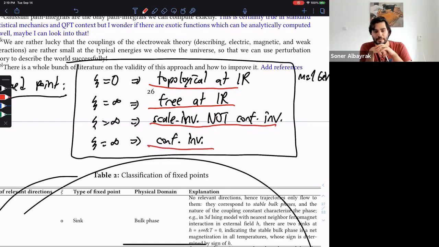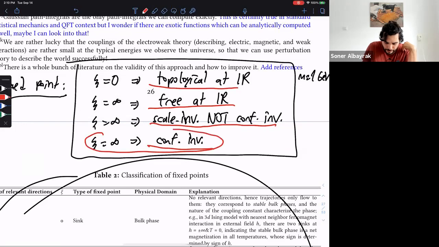Now, many, if not most, interesting cases are this one. So we really get conformal invariance. To my knowledge, there is no rigorous proof that they need to be conformally invariant, and we have examples where it is scale invariant but not conformally invariant.